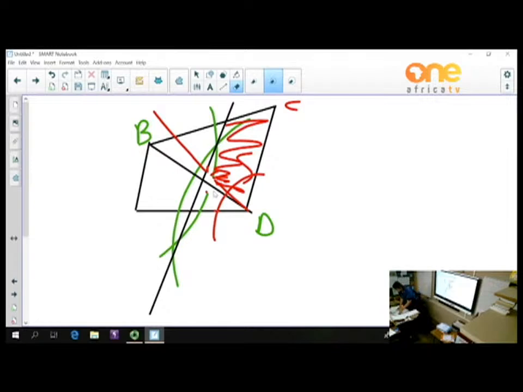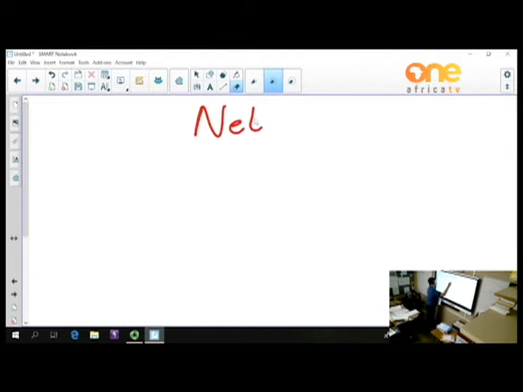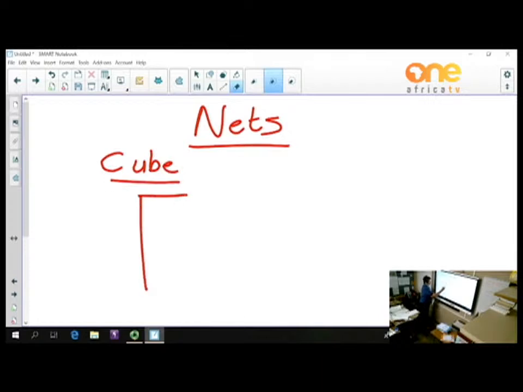So now we're going to make nets today. We're going to draw now nets of shapes. Nets. Now usually you can just summarize it in your book now first. So if we have a cube, then the basic net looks like this, where you have the 6 faces and those 2 wings.